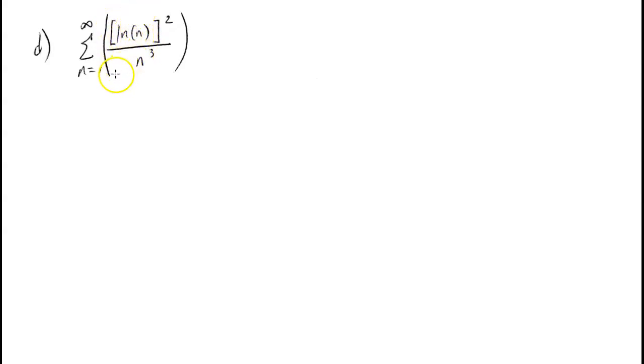But here, we know that it's going to basically work for us to try to use the comparison test. Okay, so our a sub n, the sequence that actually forms a series in the first place, we'll just go ahead and identify that. So that will just be this squared divided by n cubed.